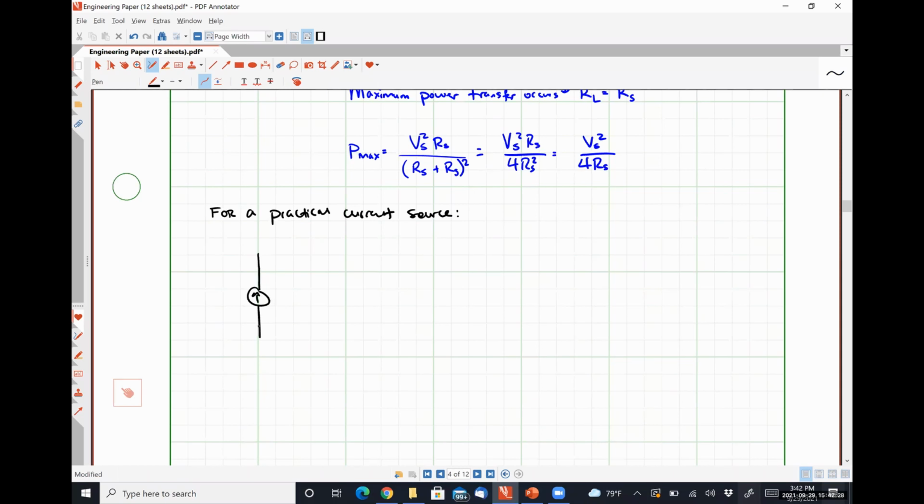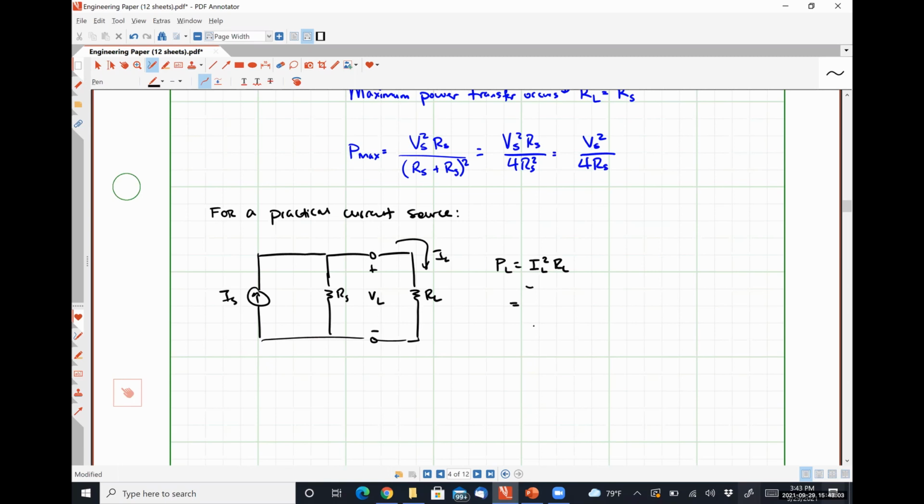If we had a practical current source, just say we have IS in parallel with some resistance RS, parallel with some resistance RL. Here's VL, here's IL, our power would still be IL squared times RL.